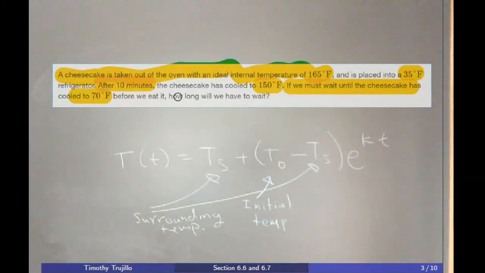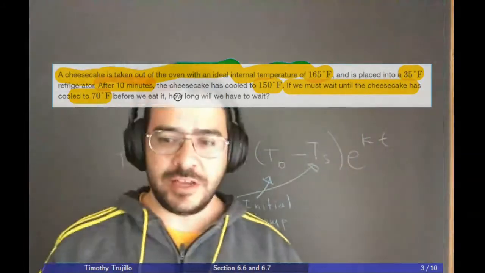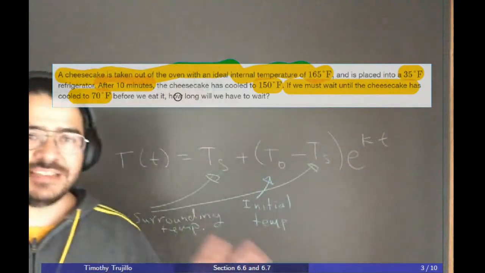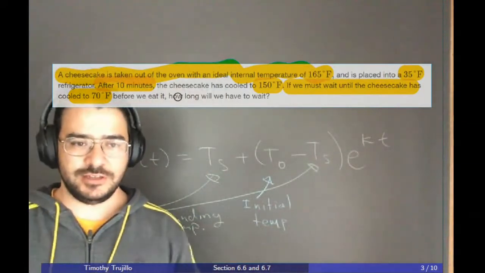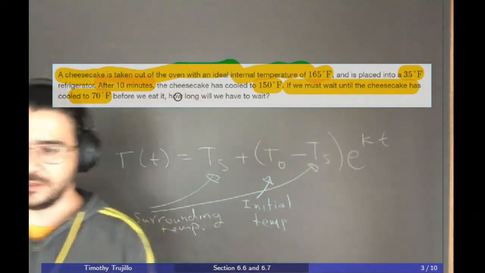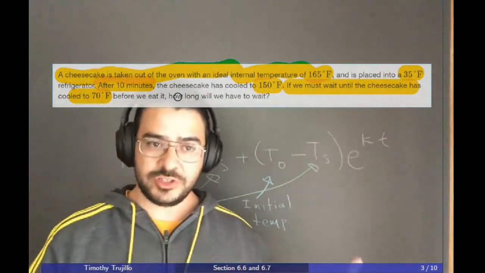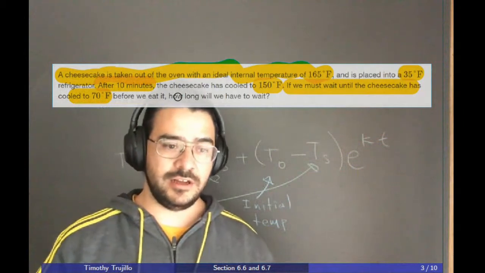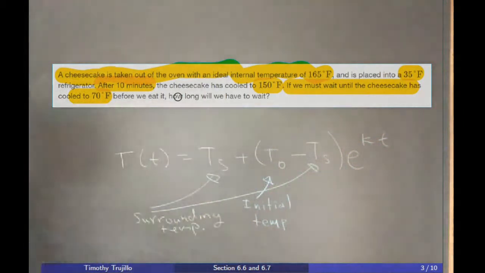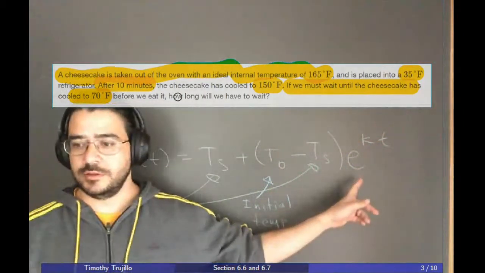Right, so we've made cheesecake, we put it in a refrigerator, and it's cooling off. One of the beautiful facts about nature, discovered by Isaac Newton, the guy who discovered the equations for gravity and the three fundamental laws of physics, is that when things cool off, they cool off in an exponential fashion.